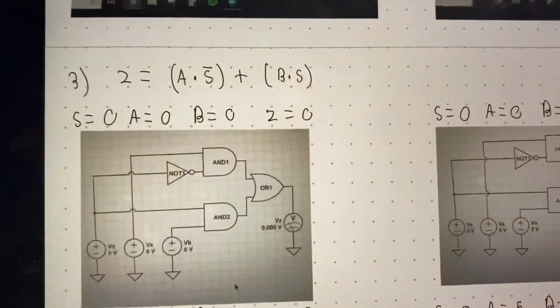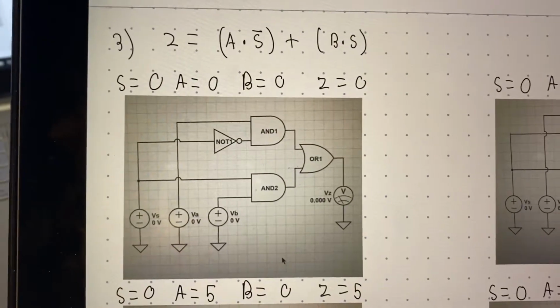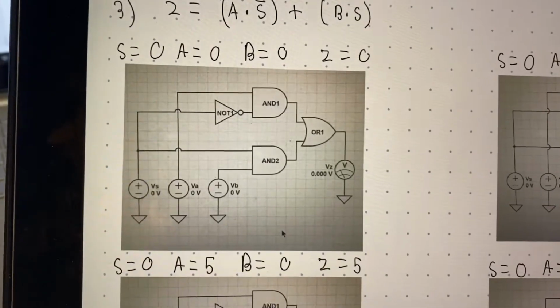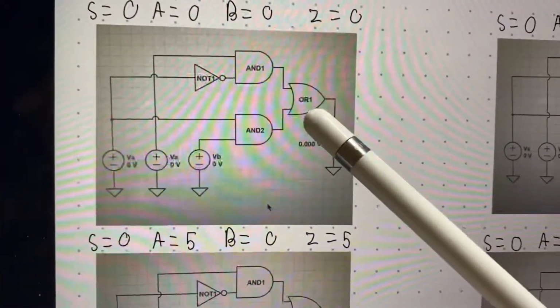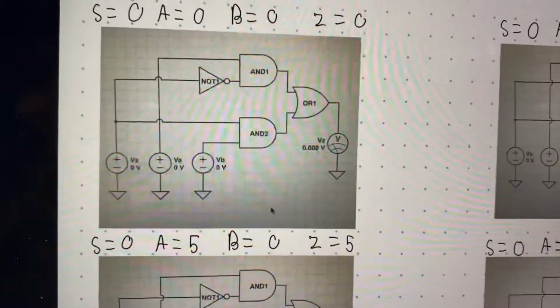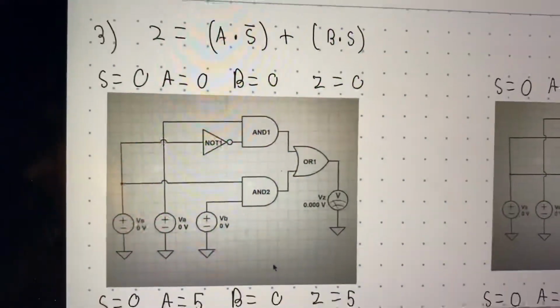Going on to number 3, creating the logic diagram from the expression for Z. Here's the logic diagram I came up with. Working backwards, we have the OR from the 2 ANDs, and one of the ANDs is from the NOT, representing those 2 ANDs and that OR.